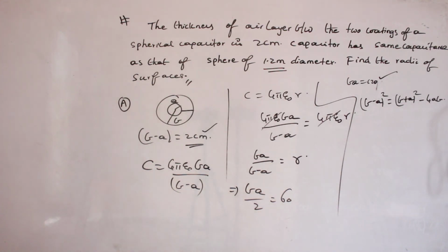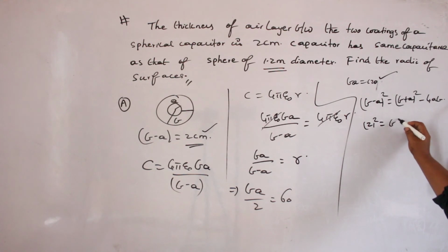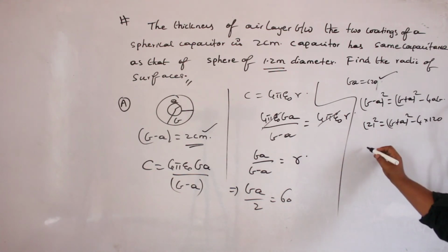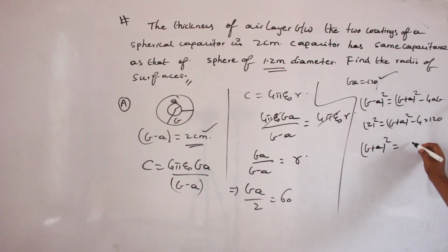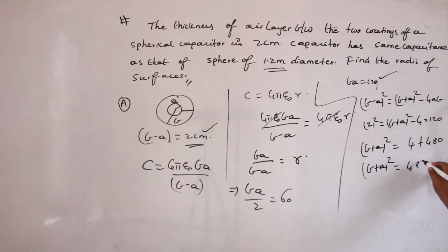So 2 square is equal to b plus a whole square minus 4 into 120. So b plus a whole square will be 4 plus 480. Clear? So b plus a whole square is equal to 484.